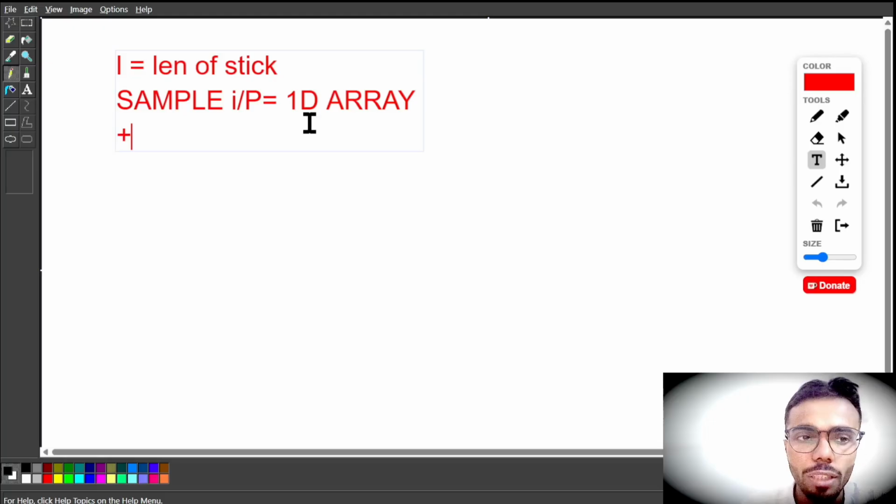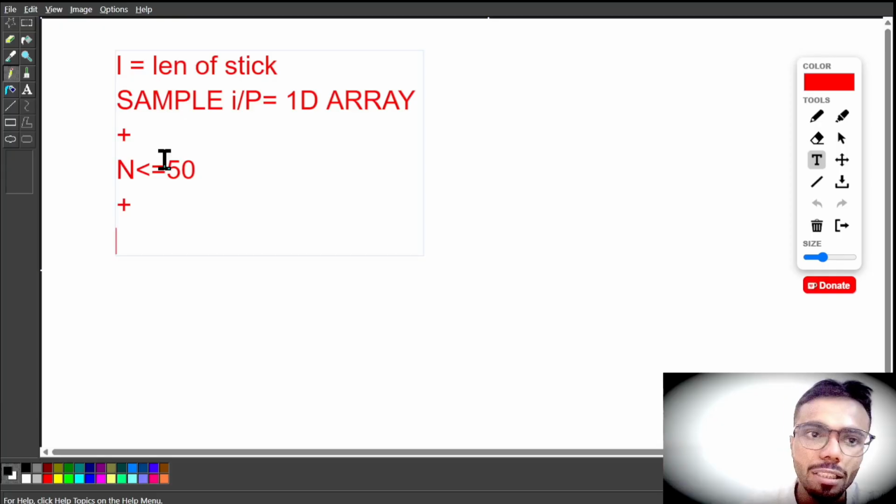Now, if I look here, the value of n, the length of this array, is less than or equal to 50. Fine. Then I need to find the minimum cost to perform all cuts over this length of stick. So can we say that I need to find the minimum cost over the length of the stick?